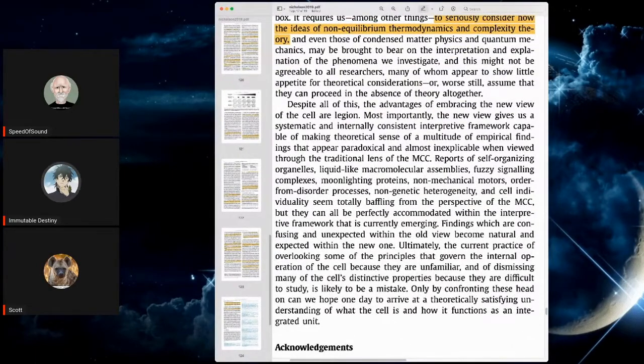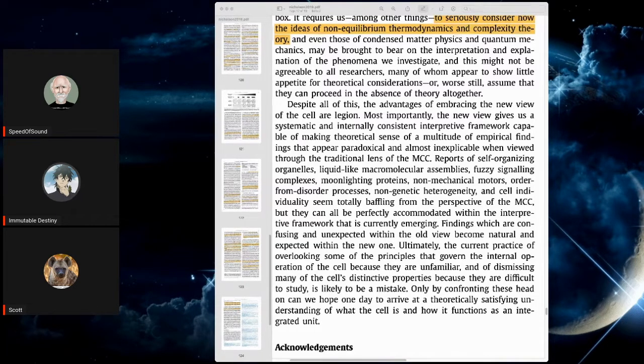Despite all of this, the advantages of embracing the new view of the cell are legion. Most importantly, the new view gives us a systematic and internally consistent interpretative framework capable of making theoretical sense of a multitude of empirical findings that appear paradoxical and almost inexplicable when viewed through the traditional lens of the MCC.